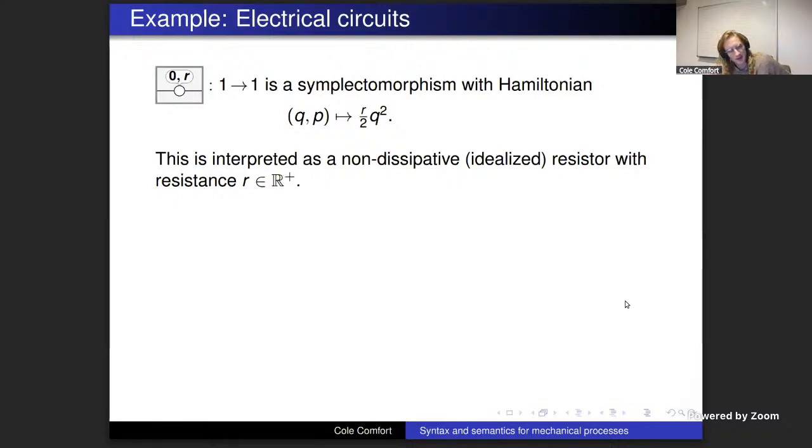And in that case, you model a resistor as having this Hamiltonian. So it takes the position Q and momentum P and just forgets about the momentum, and then squares the position, and then multiplies by the resistance over 2.